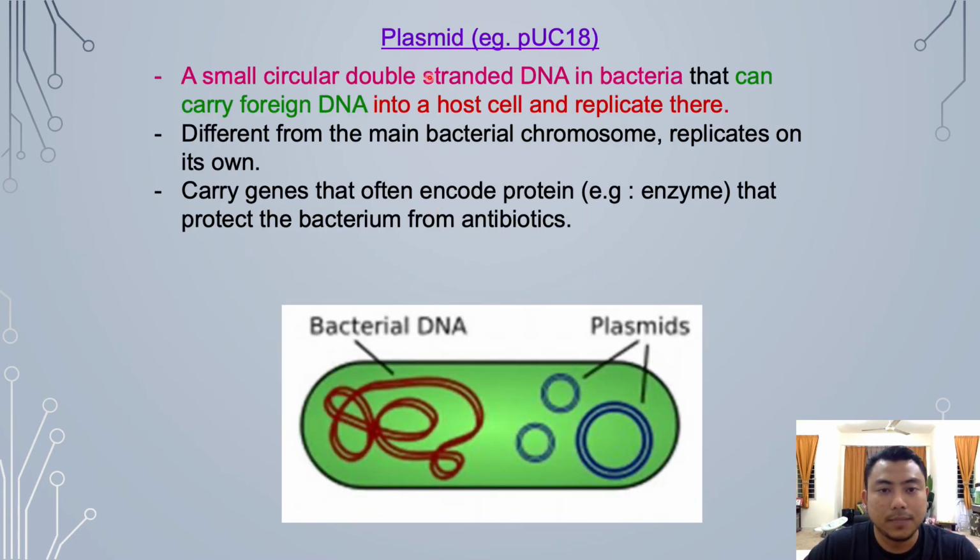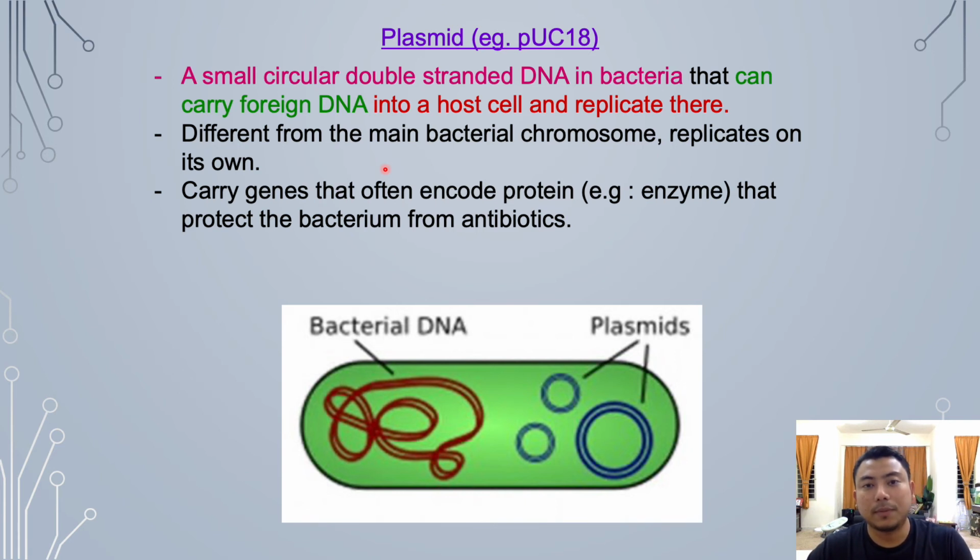Okay, here is about plasmid pUC18. It is a small circular double-stranded DNA in bacteria, specifically E. coli, that can carry foreign DNA into a host cell and replicate there. Replicating there is also important because you need to be able to make many copies of the recombinant DNA. We use the term recombinant DNA to refer to DNA that has been modified.